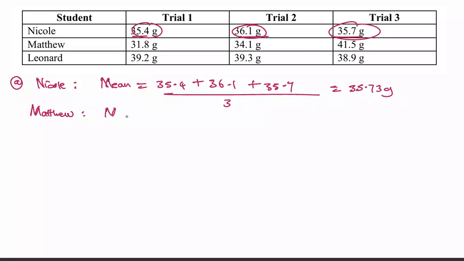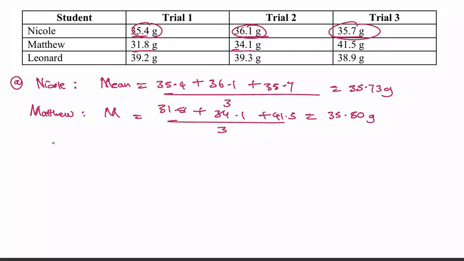We do the same for Matthew. So we're going to find the mean. We had 31.8 plus 34.1 plus 41.5. We divide by 3 also, as we have 3 trials there. We are going to get the answer, which is 35.8 grams.